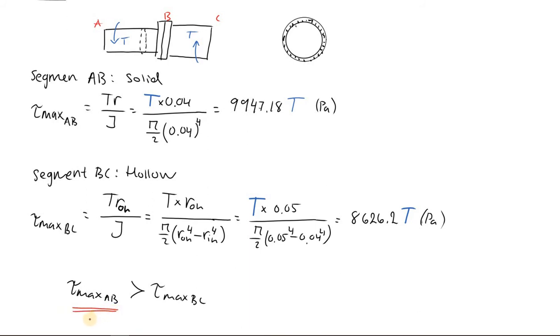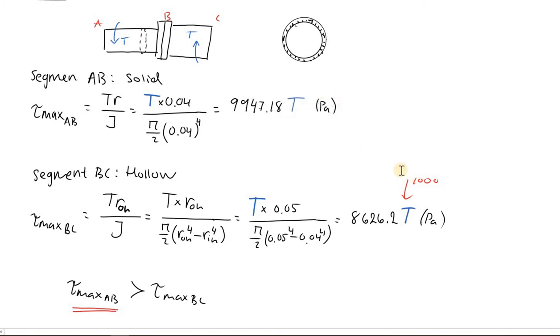The reason for this is when we put our torque value in our hollow section, whatever you will find later on, and put that in our AB and BC calculation, the shear stress for our AB segment will be a lot larger, which means that's where it will fail quicker.